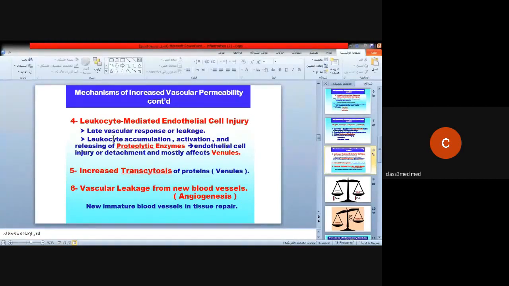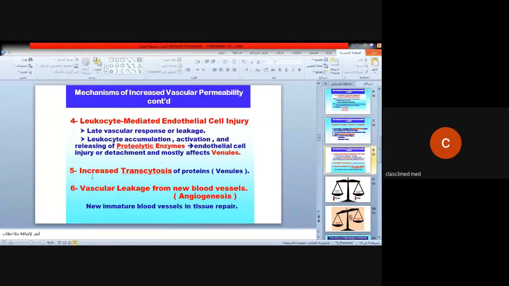Okay, so this fourth mechanism is due to leukocyte accumulation and activation and release of proteolytic enzymes, which are chemical mediators causing endothelial cell injury and detachment. And it is a late vascular leak. Why? Because leukocytes need time to accumulate and activate, and then release proteolytic enzymes, causing an increase in vascular permeability by endothelial cell injury.